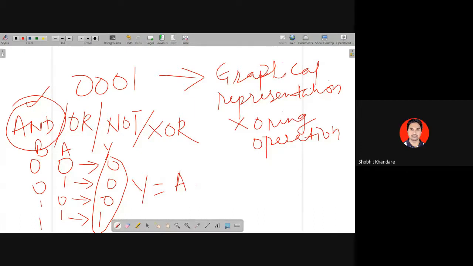We do not write into or multiply, we write dot. So 0 dot 0, a multiplication operation, gives 0. 0 dot 1 gives 0. 1 dot 0 is again 0. But 1 dot 1 is 1. Similarly, tell me, for the OR operation, Y is equal to?